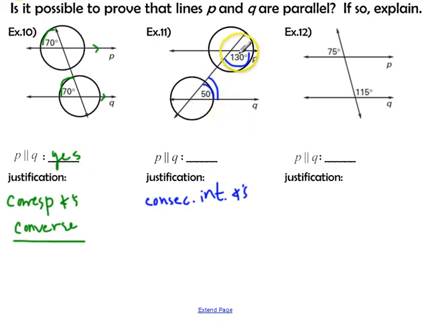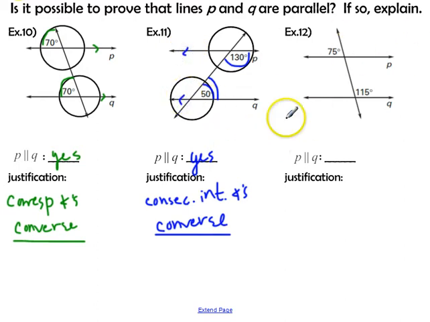That means they're supplementary. So ask yourself, are consecutive interior angles supposed to be supplementary? And the answer is yes. So that means we can use the consecutive interior angles converse to prove that P and Q are actually parallel.